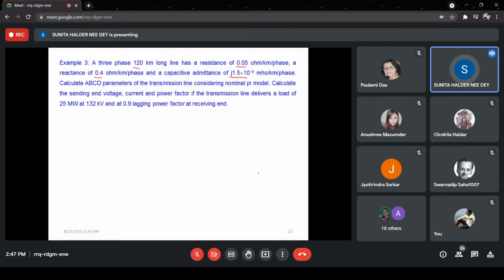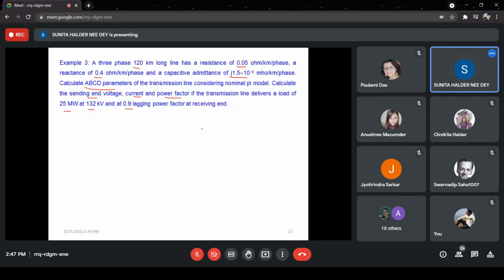Then it is asked to find the ABCD parameters for the nominal pi model and calculate the sending end voltage, current and power factor if the line delivers a load of 25 megawatt at 132 kV at 0.9 power factor lagging at the receiving end.